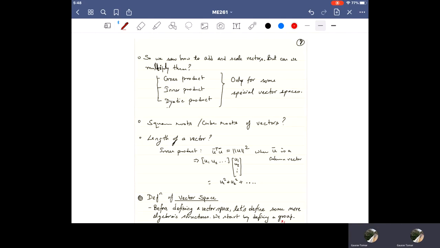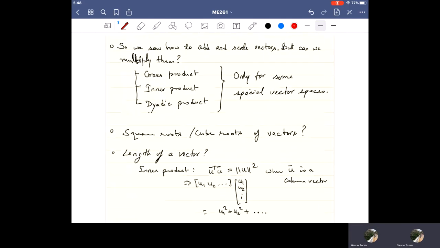Now, we have seen that we can do addition, subtraction, and scaling of vectors, but can we take two vectors and multiply them, right? I'm sure that you have heard about these special multiplications that have been defined for vector spaces. For example, the cross product, normally denoted as u cross v, right? Then you have the inner product, which is when you take two vectors and end up getting a scalar.